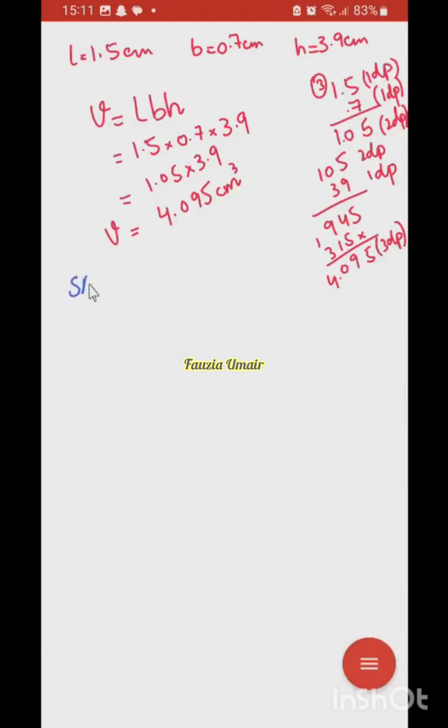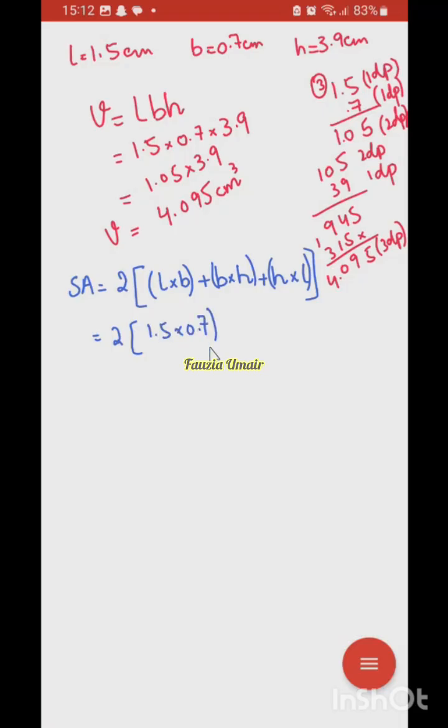What is the formula of surface area? 2 multiplied by L times H, plus B times H, plus B times L. Now we need to put in the values: 2 multiplied by 1.5 times 0.7, plus 0.7 times 3.9, plus 3.9 times 1.5.